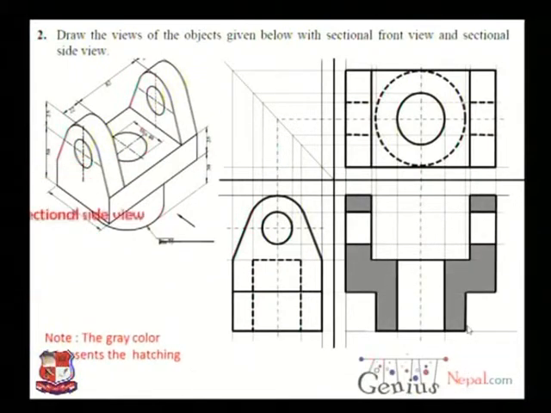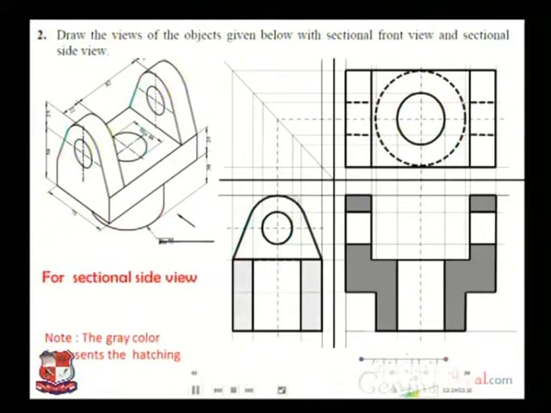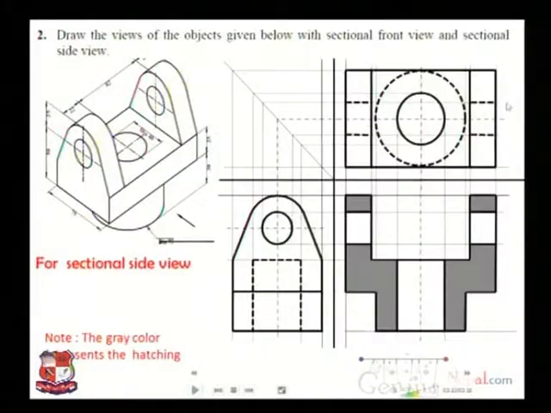Now the sectional front view. If we cut this object from this middle portion, then this grey colored portion would be visible to us.